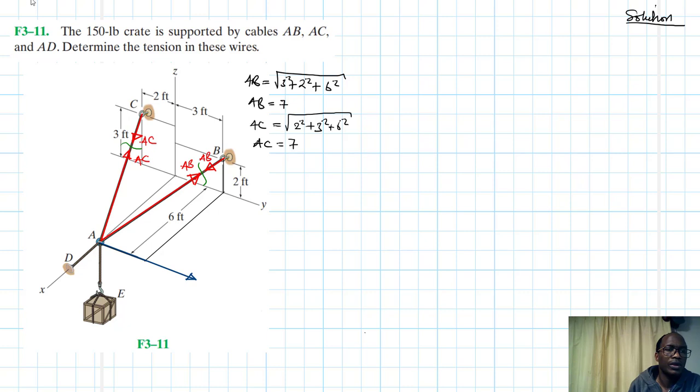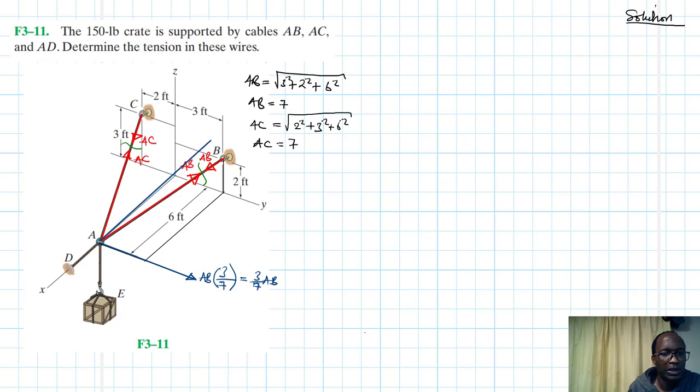So this component becomes equal to AB, and we said this angle here is equal to the length 3 divided by the hypotenuse, the length of AB, 7. So it's just equal to 3 over 7 AB.